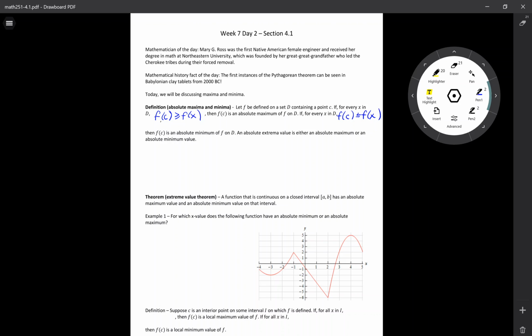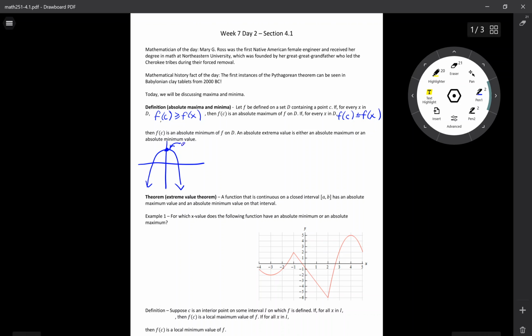So let's draw some pictures here to see what it means to have an absolute maxima or an absolute minima. So say I have a graph like so, something like this. So this is kind of like an upside down quadratic function. This point right here is my absolute max because on my interval, which according to my arrows is from negative infinity to positive infinity, this f of C value is greater than or equal to all of the other y values on this graph.